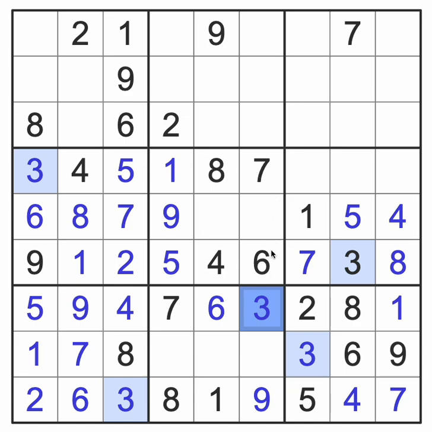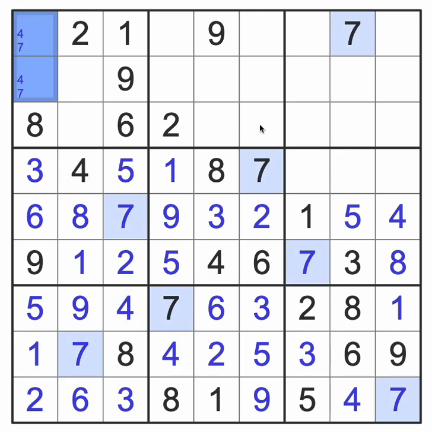And 3 is still missing from this box, so I have to put 3 here and 2 here, and 2 and 2 gives me 2 here. These 2 are 4 and 5, and 5 here makes this cell 4, and makes this cell 5. And these 2 are 4 and 7, and 7 is here, gives me 4, and this is 7.